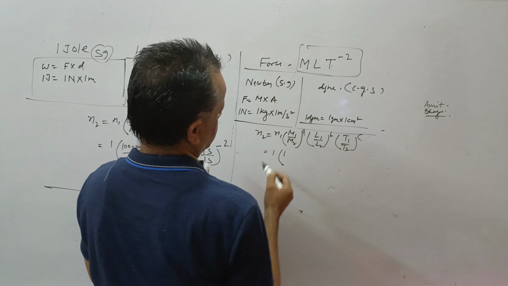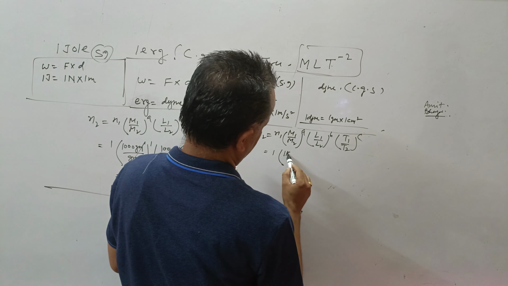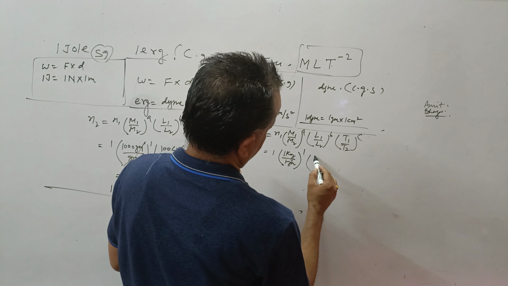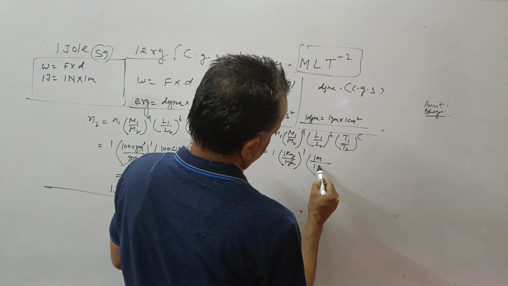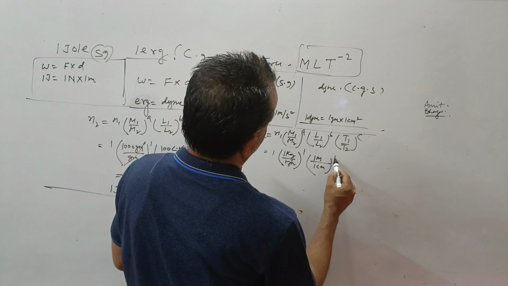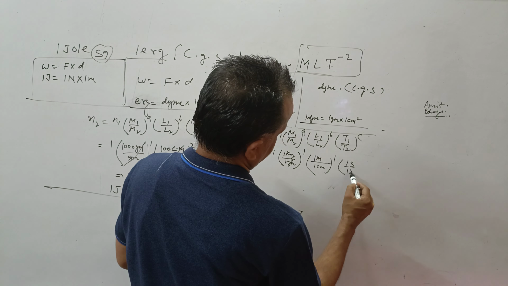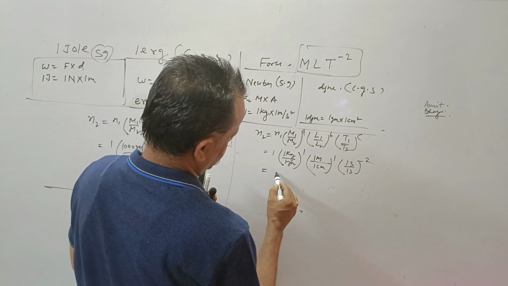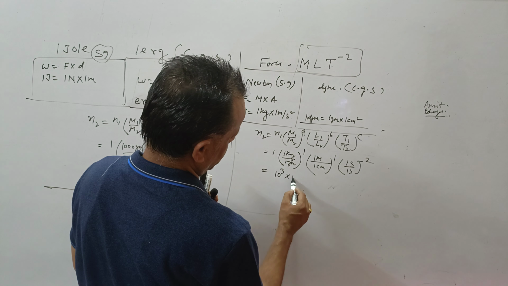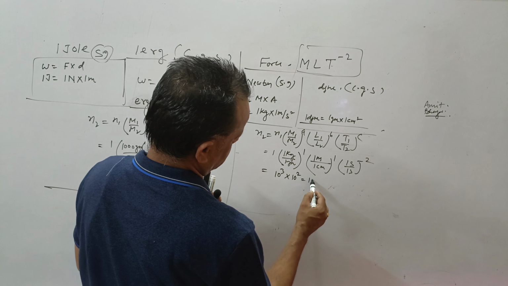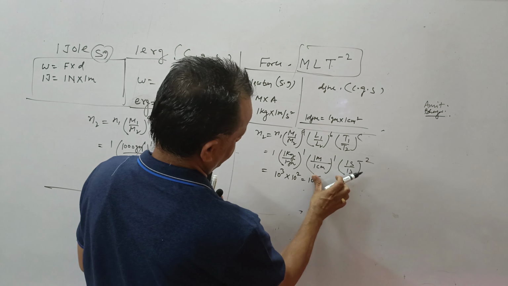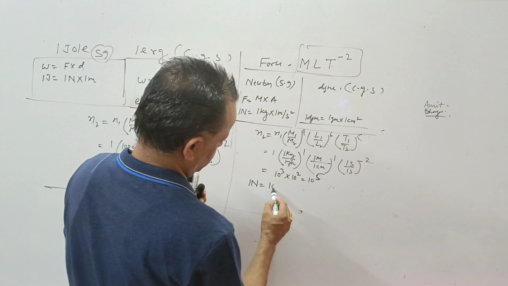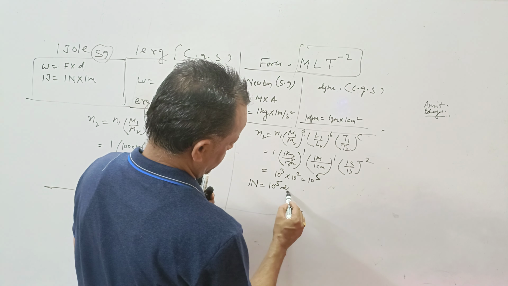This is the dimension formula for force. This is 1 kilogram divided by 1 gram, power 1. This is 1 meter divided by 1 centimeter, power 1. This is 1 second, power minus 2. So from here you will get 10 to the power 3, from here you will get 10 to the power 2, this is coming out to be 10 to the power 5. So 1 newton is equivalent to 10 to the power 5 dyne.